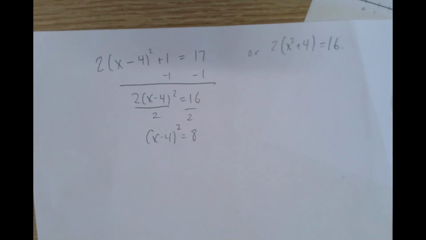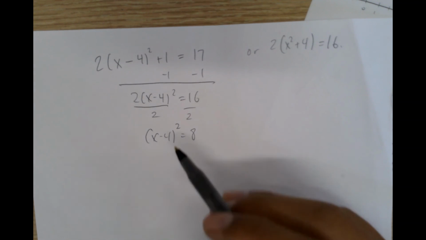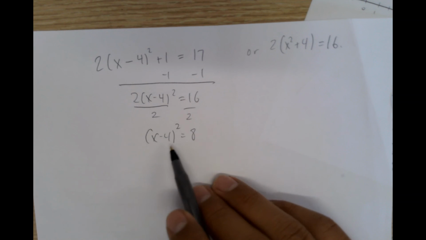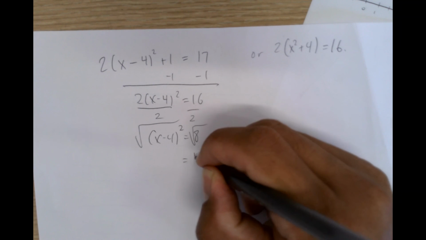So you can see here what I do is I actually move from farther away, and then I move closer and closer, and it's actually like reverse PEMDAS. What I'm going to do is I'm going to first subtract from both sides, and then I'm going to divide from both sides, and then once it is isolated with just this portion, the parentheses with the square, I would just square root both sides. So then it would be plus or minus.